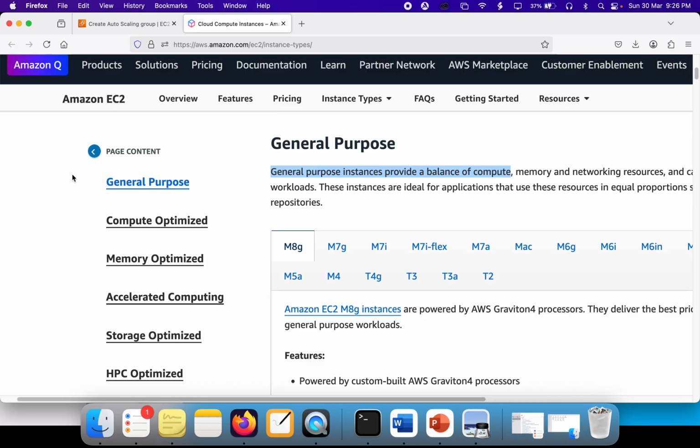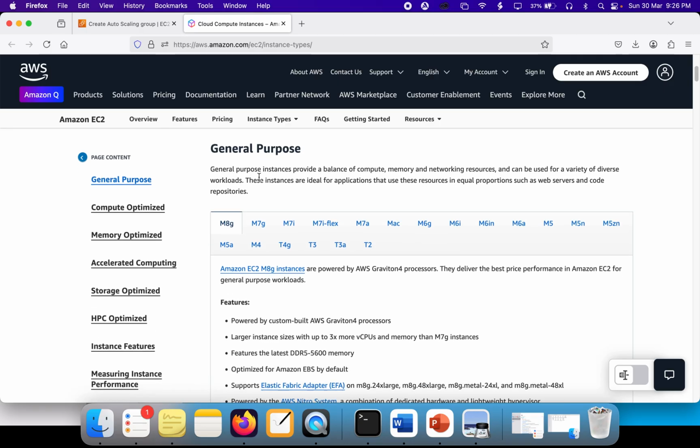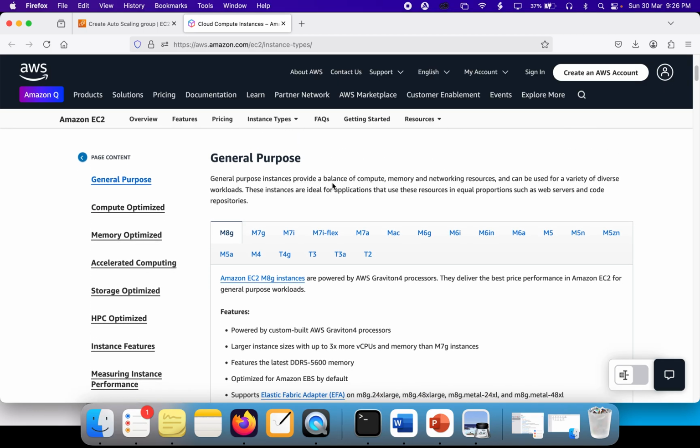There is no major spike on the memory or on the CPU resources. Then you can go for balanced compute. So it's a kind of general purpose, right?